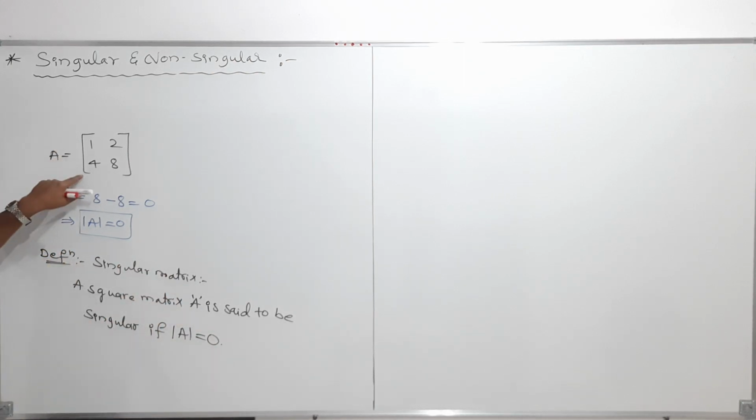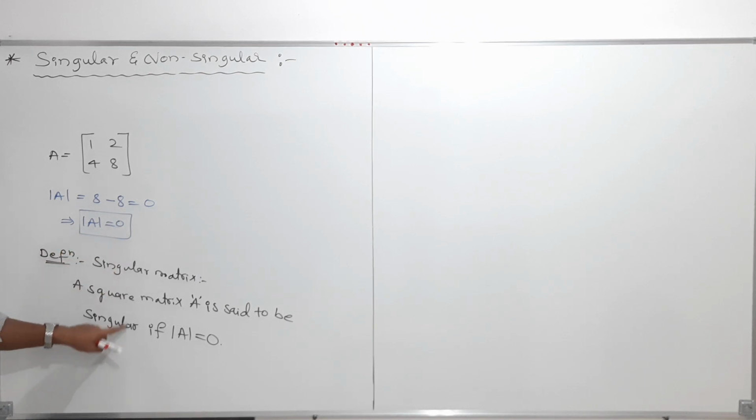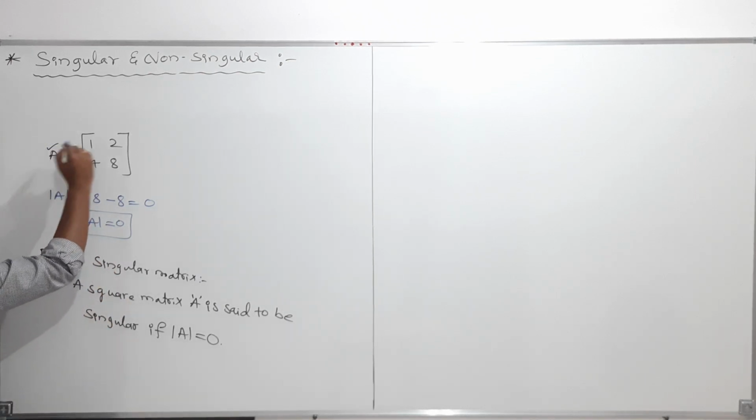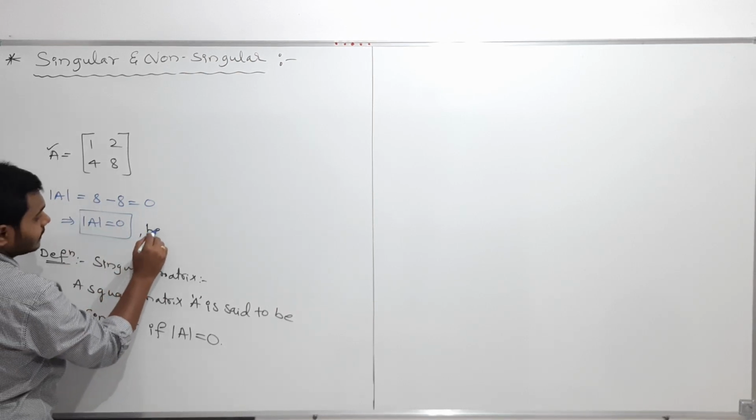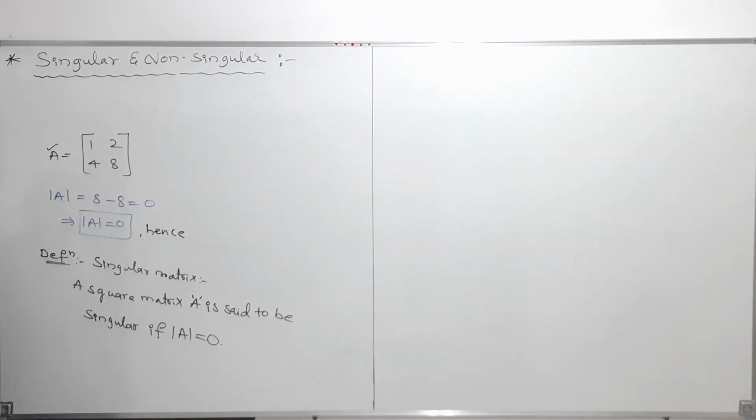So if you consider any square matrix A, and the determinant of this is equal to 0, if you got the answer as 0, then you can call this A a singular matrix. Hence this is an example of a singular matrix.